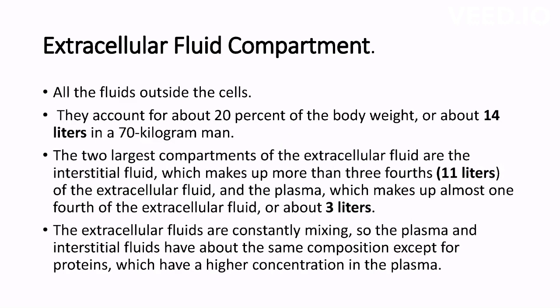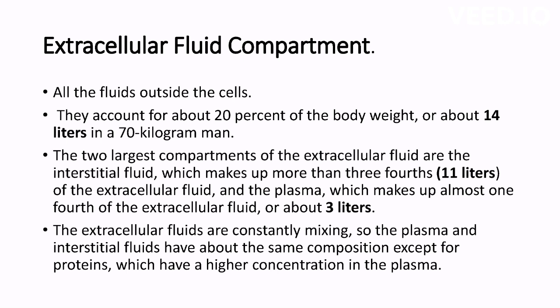Moving to extracellular fluid compartment, all the fluids outside the cells are considered to be extracellular fluid compartment, and they account for about 20% of the body weight, or about 14 liters, you can say, in a 70 kg man.